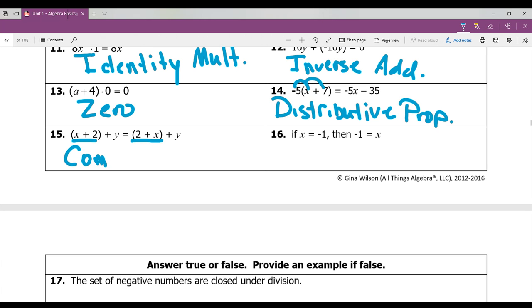That's the commutative property. Okay? Which says it doesn't matter how you order things in the problem, you can switch the order and still be okay. And then finally we have x equals 1, then x equals negative 1, then negative 1 equals x. This is the symmetric property.